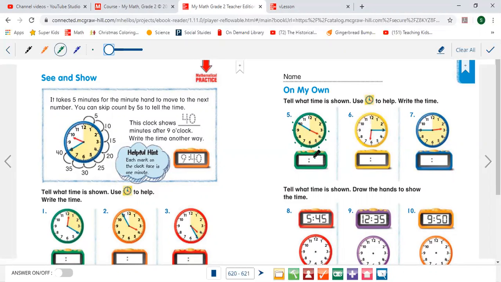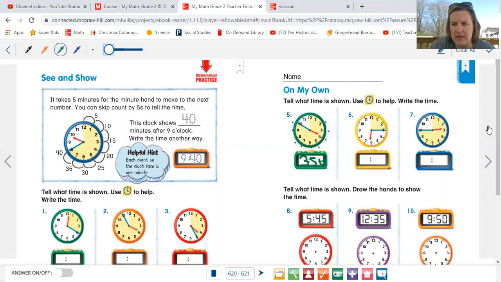So it's 50 minutes. And then if we look at our hour hand here, it's not quite to the 4. So it would be 3:50. All right. Go ahead and pause your video at any point, and what you can do then is you can finish 6 and 7.